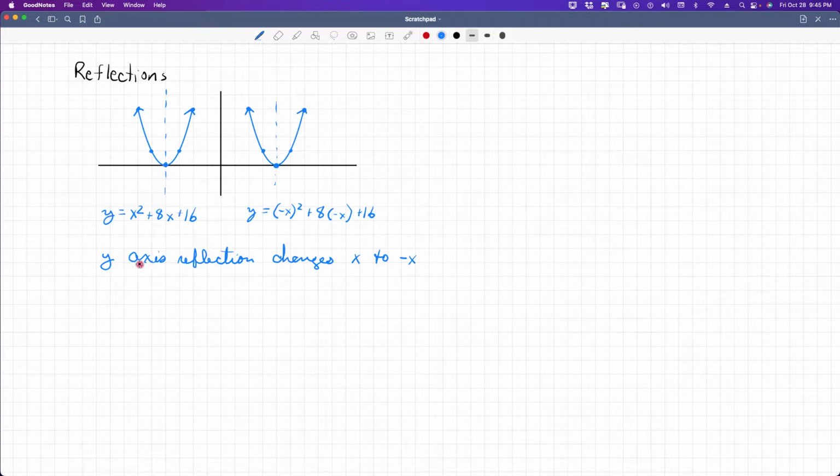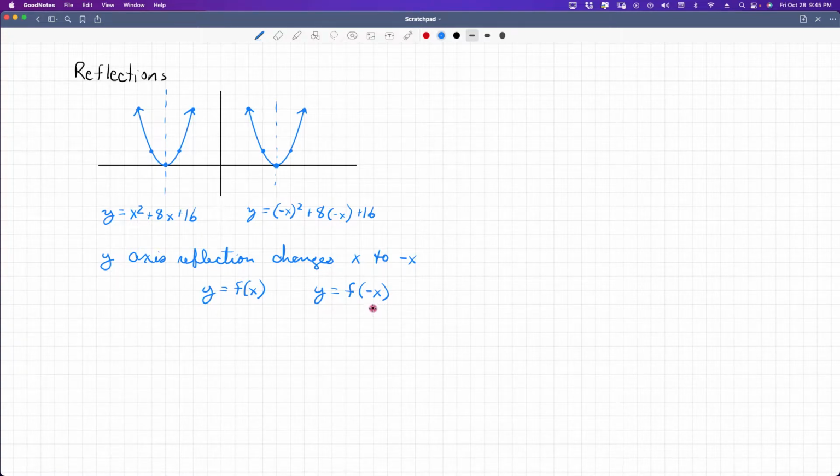So what happens is our function notation goes from y is equal to f of x into y is equal to f of -x. See how that changes? It changes here. So when you want to write the reflection, you just change the x's to -x when it goes across the y-axis. This is the rule. The x goes to a -x in the function notation.